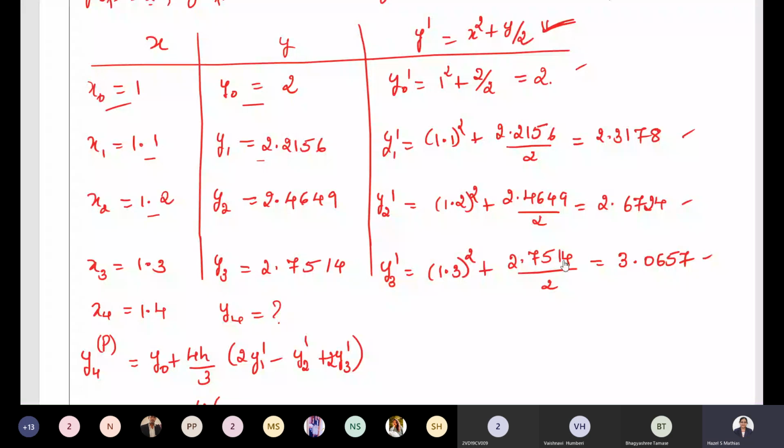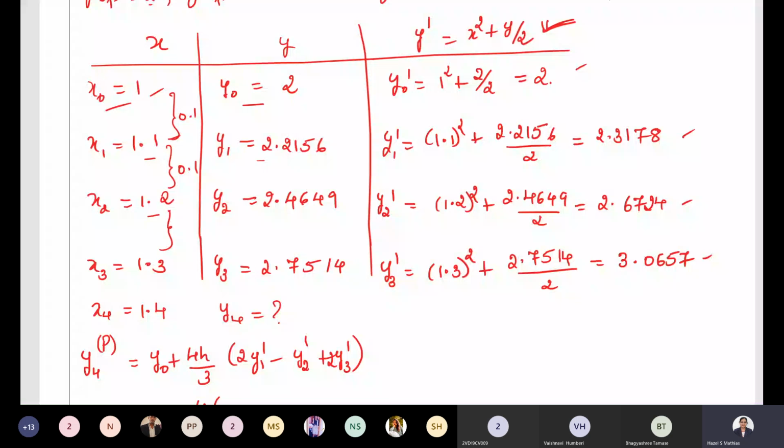You need not calculate here. See, this is 1, this is 1.1. Difference is 0.1. 1.1, 1.2. Difference is 0.1. 1.2 and 1.3. Difference is 0.1. So this is the h value. Got it? Okay, ma'am. So h value is 0.1.